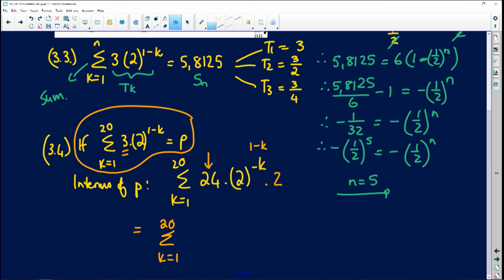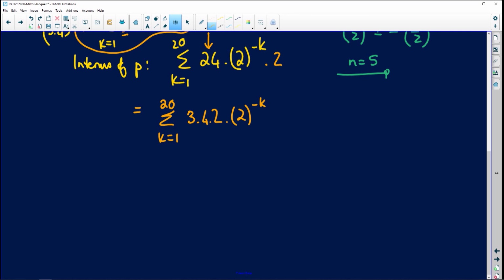That I know is 3 times 8, which is 24, times, then I still have 2 to the minus k. I do not have 2 to the 1 minus k, so I need a 2. So I'm going to take this 8 here and break it up into 4 times 2 times that part over there.